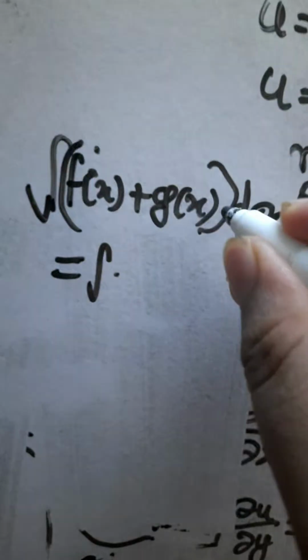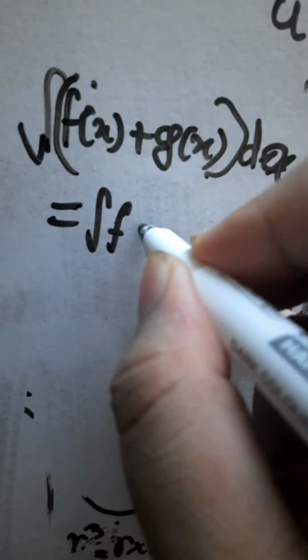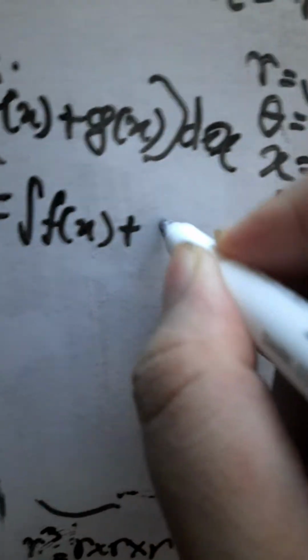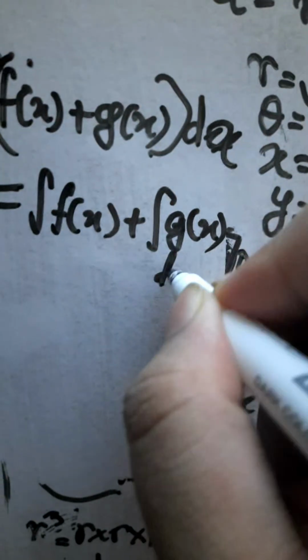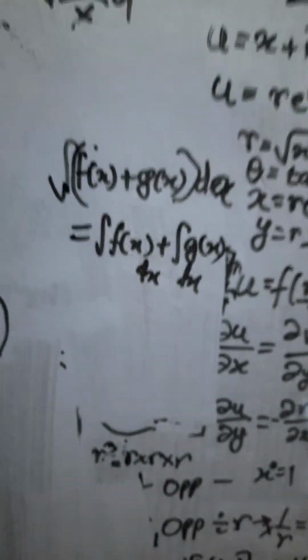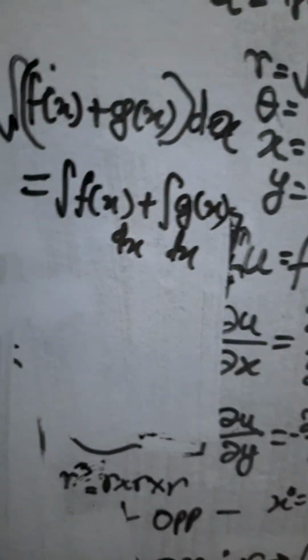Integration of the whole thing of two functions added is the same as integrating the functions separately, and you just add those separated integrated functions. Same stuff. So did you understand? If two functions are added and I take the whole integration, it is the same as the integration of the first function separated, added to the second function's separated integration. It would give the same stuff.